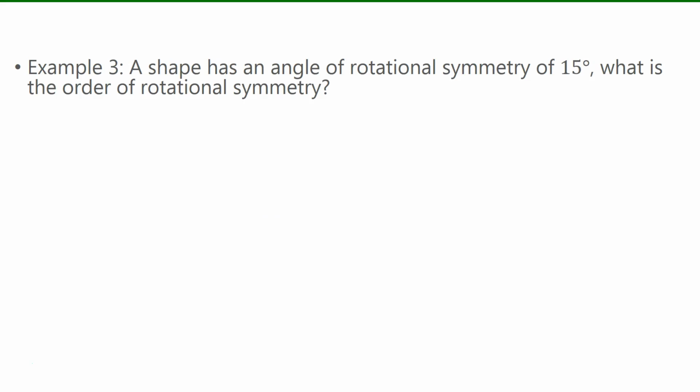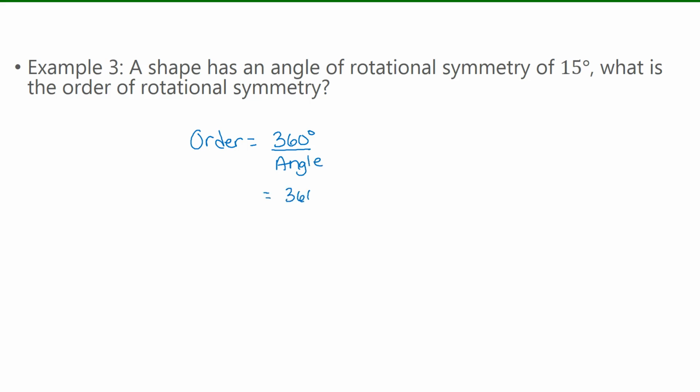So now let's use that formula for example 3. It says a shape has an angle of rotational symmetry of 15. What is the order of rotational symmetry? So we just wrote down that the order of rotational symmetry is 360 degrees divided by the angle.